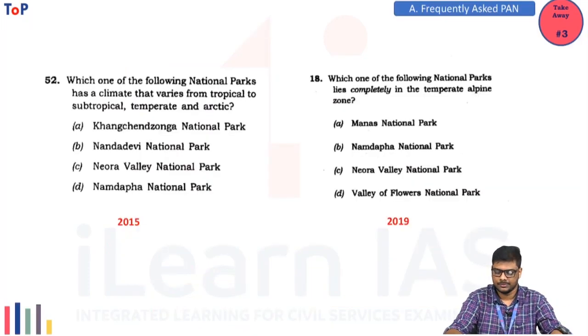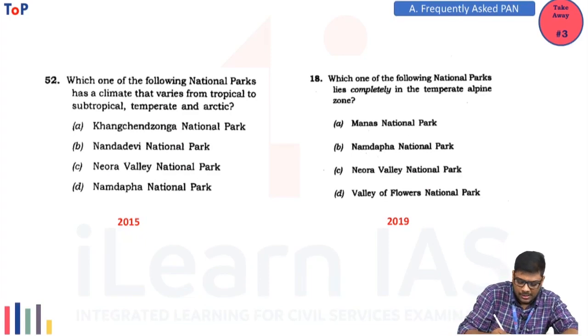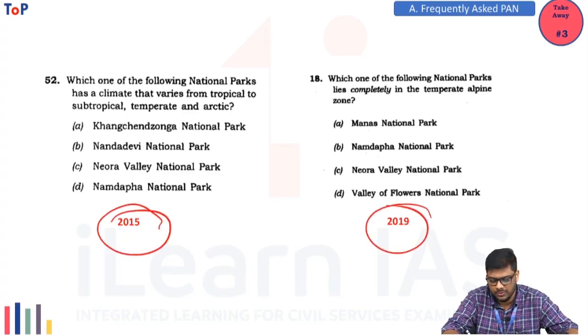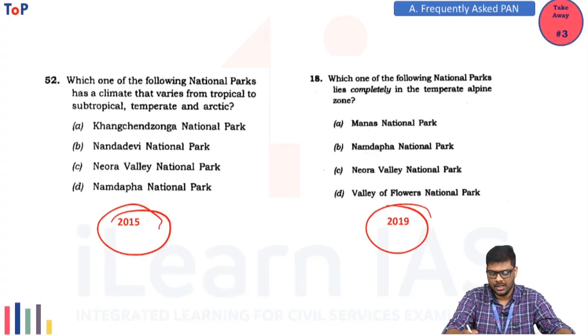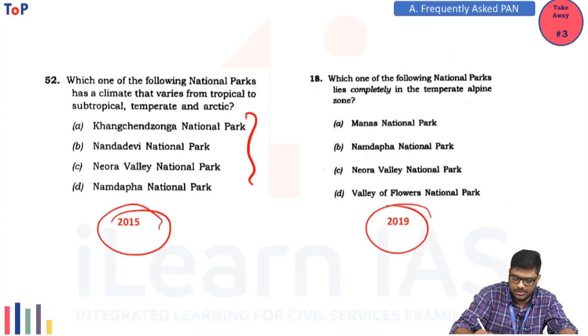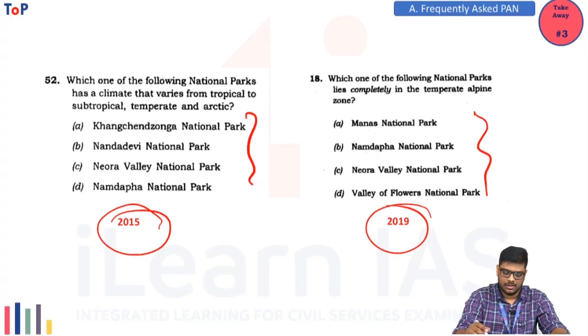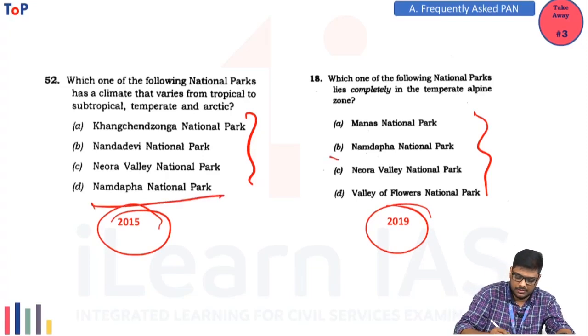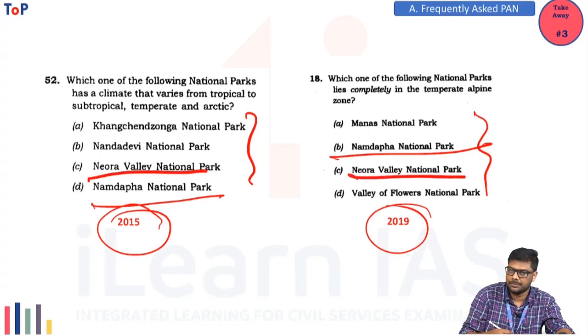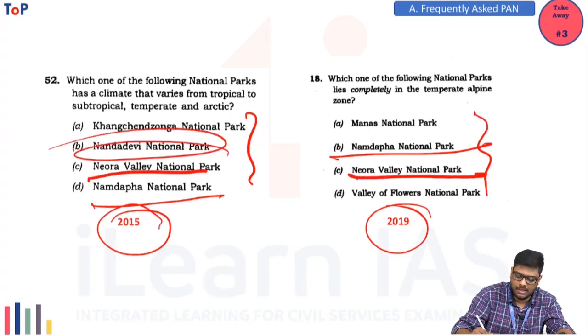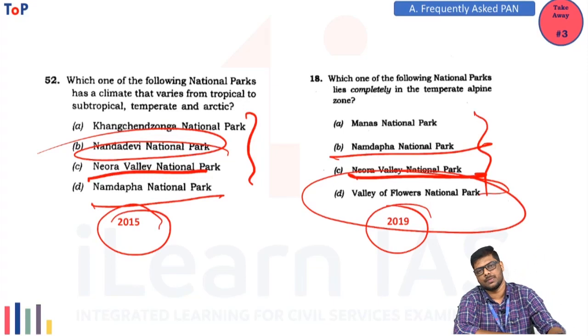Let me show it using examples. Take a look at these 2 questions asked in 2015 and 2019. Before getting into the question, just go for the options. Are there any similarities between the options? Namdapha here, Namdapha here. Neuravali here, Neuravali here. Nanda Devi National Park is here, Valley of Flowers National Park is here.